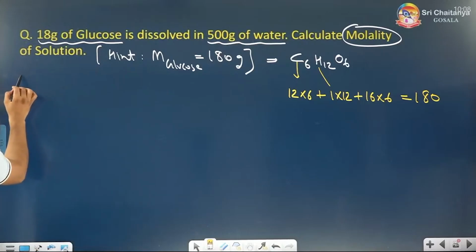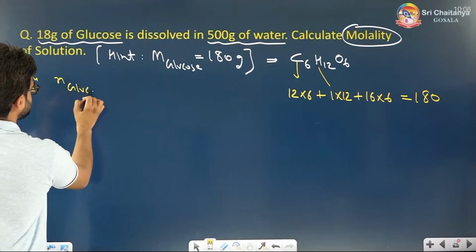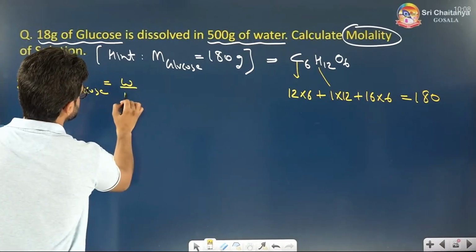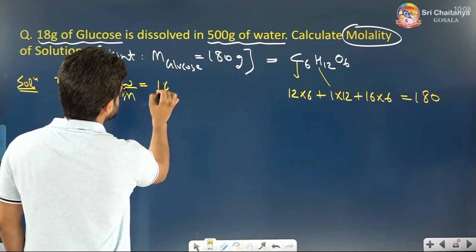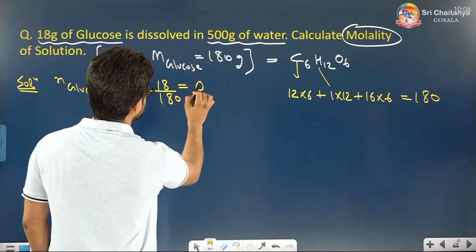Now, come to our solution. We want to find the moles of glucose: given weight divided by molar weight, so 18 divided by 180, which is 0.1 moles.